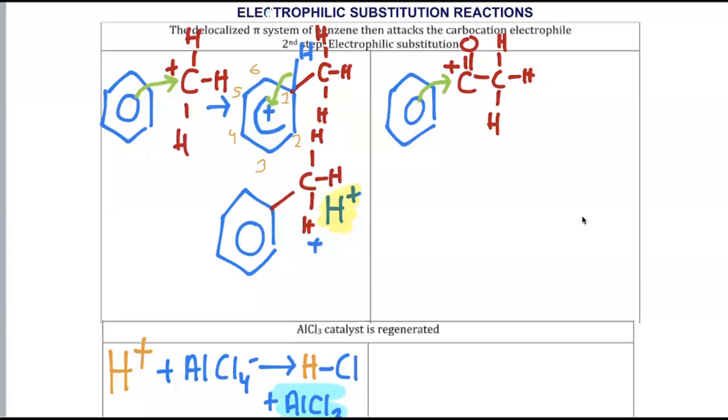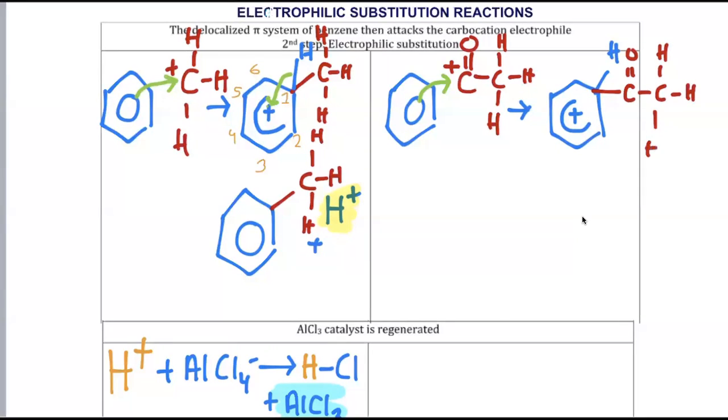charge, okay? And then you form an unstable intermediate with a positive charge. There is a hydrogen there. C double bond O, CH3.